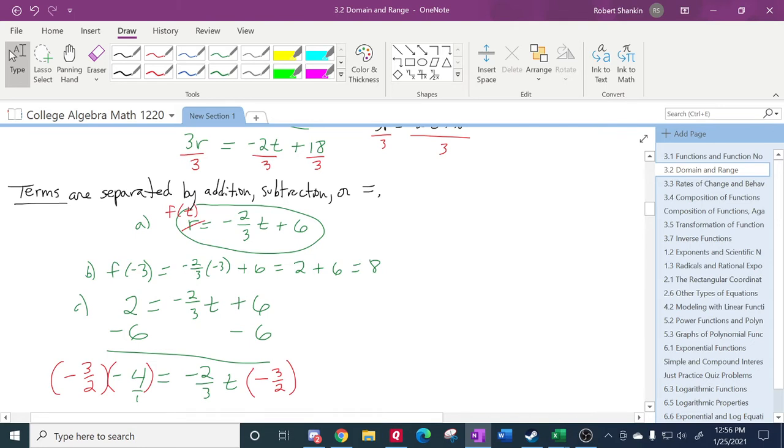Now this negative 3 here, anything is itself over 1. Negative times a negative makes positive. And I can just multiply the tops and get 6 divided by 3, which is 2, or I can reduce. As long as everything is multiplied together, no addition or subtractions, I can reduce, and I get this.